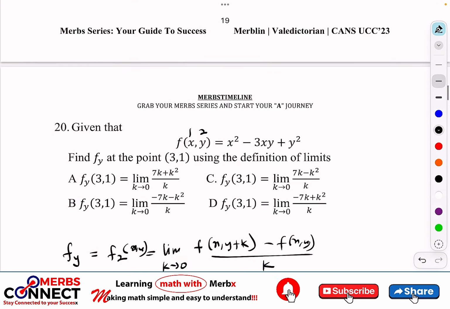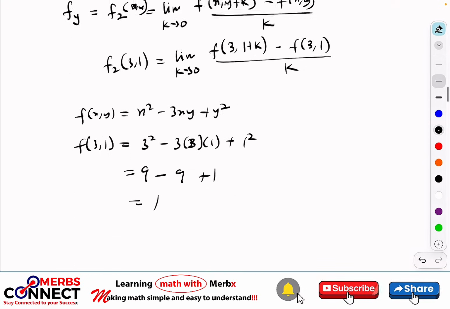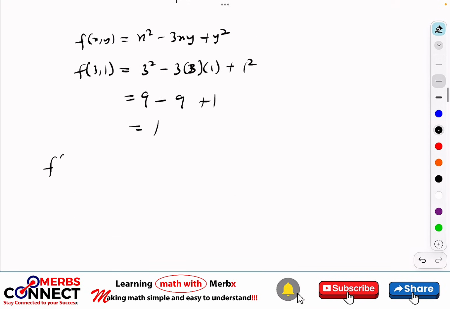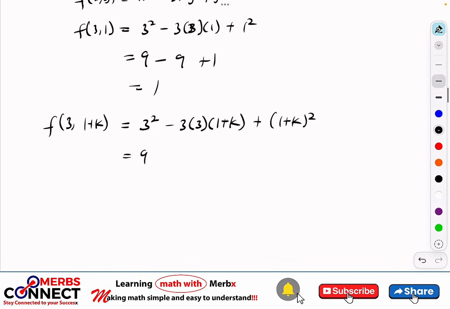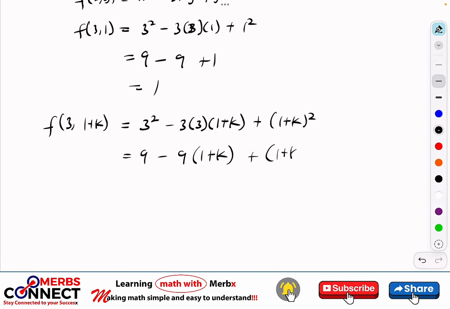Okay, it simplified, so we still don't have any choice but to work it out. Now let's look for f of 3, 1 plus k. This is going to be 3 squared minus 3 times 3 times 1 plus k plus 1 plus k squared. So this is 9 minus 9 times 1 plus k plus 1 plus k times 1 plus k. This is the same as 9 minus 9 minus 9k plus, expanding this, 1 plus 2k plus k squared.